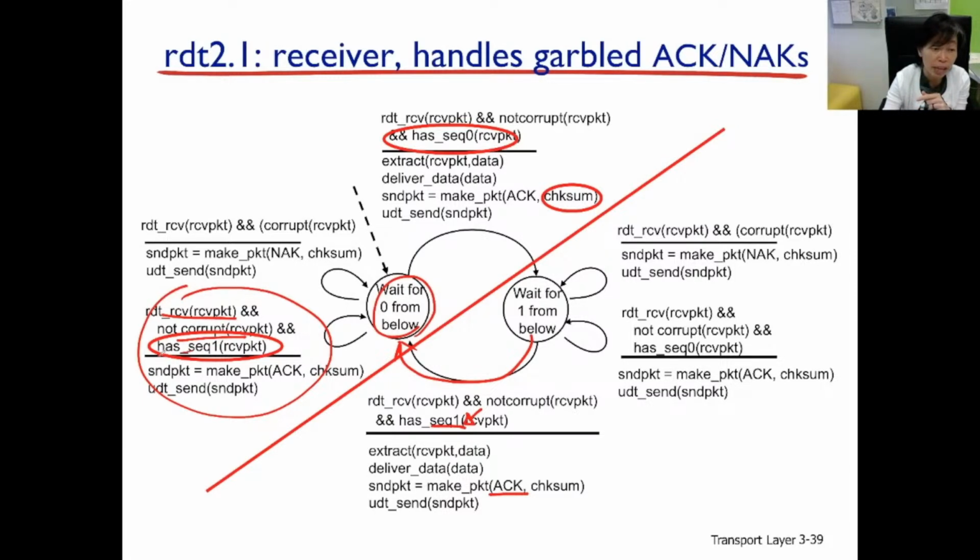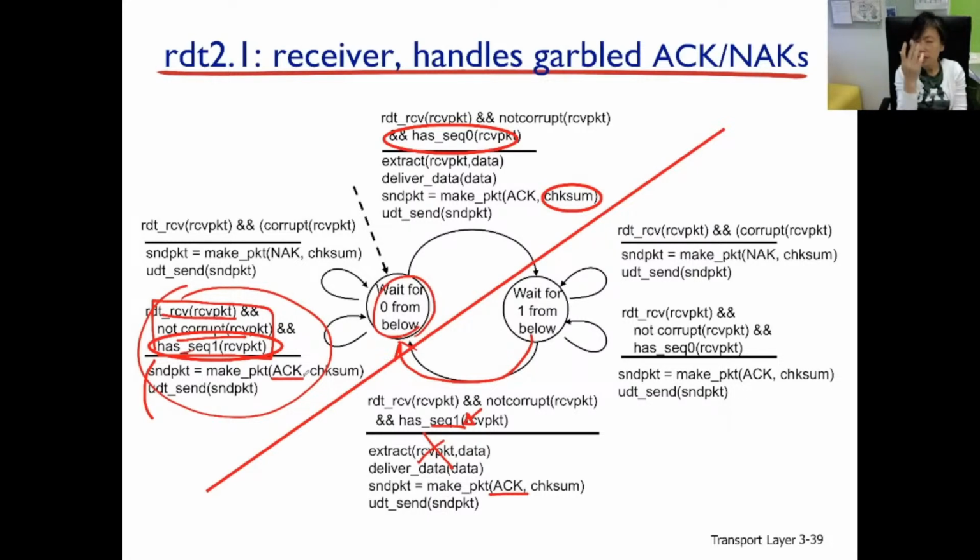And therefore, we get a duplicate packet here. If that's a duplicate, we don't extract the packet, we don't deliver the same thing again to the application layer. So the only action we take is to generate the acknowledgement and send it back to the sender.